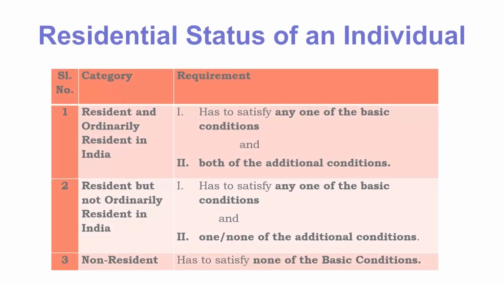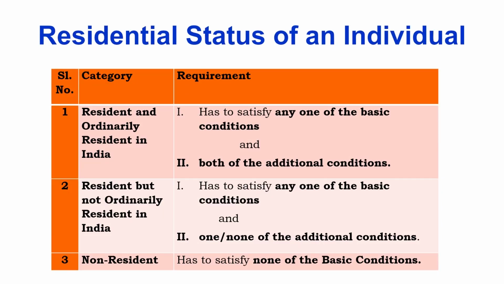Now let's see the determination of the residential status of an individual. An individual will be resident and ordinarily resident in India if he or she satisfies any of the basic conditions and both of the additional conditions. That means any one of the basic conditions along with both of the additional conditions.